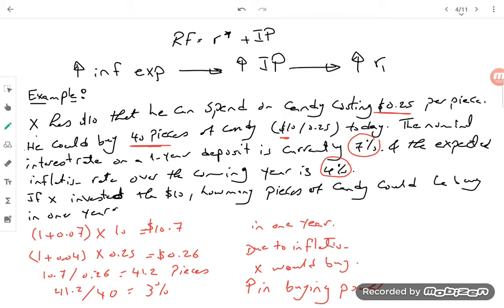So the price will be 0.26. Then we have to calculate the number of units that he can buy, which is 10.7 divided by 0.26, sorry. So it will be 41.2. So there is an addition of about 1.2 units that he can buy due to the difference between the nominal interest rate and the inflation rate.